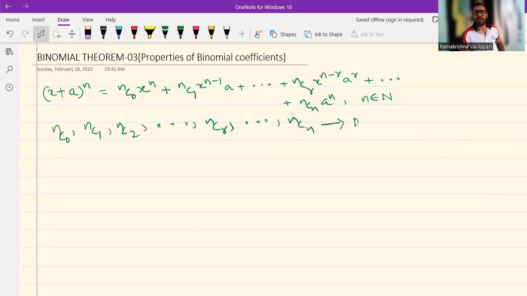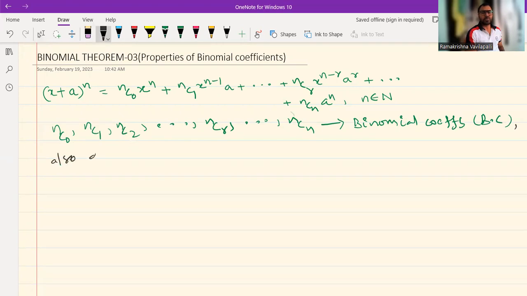These binomial coefficients we simply write as BC, and they are also denoted by C0, C1, C2 and so on, Cn.